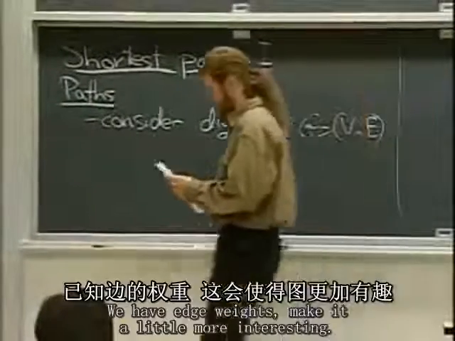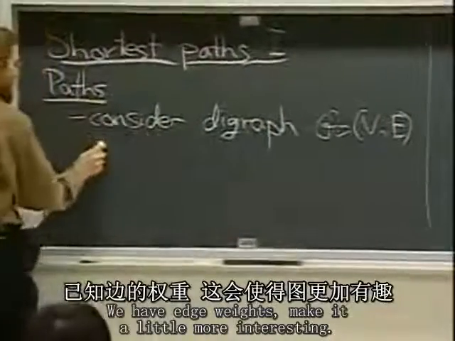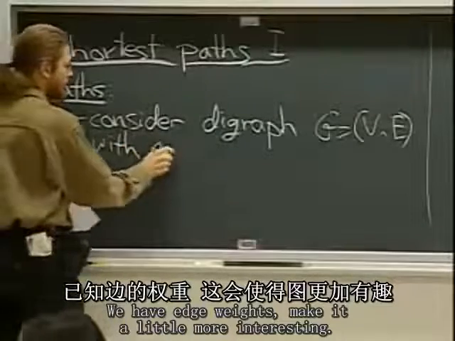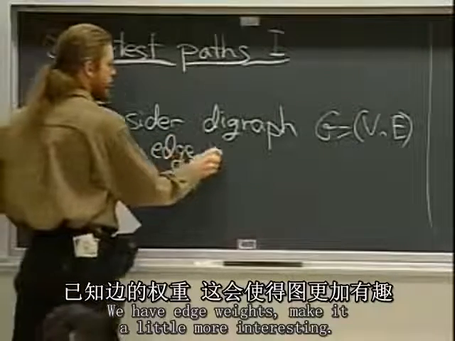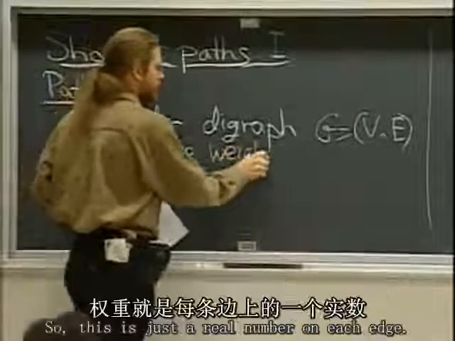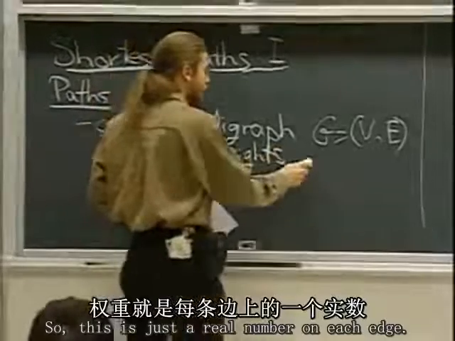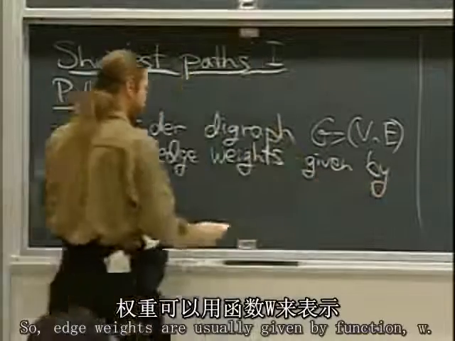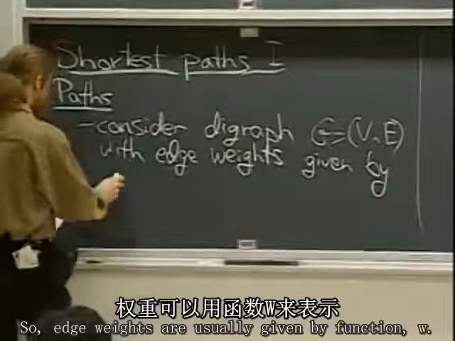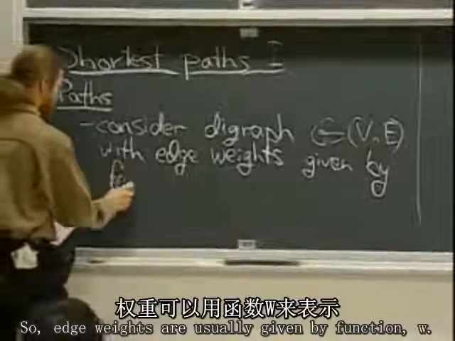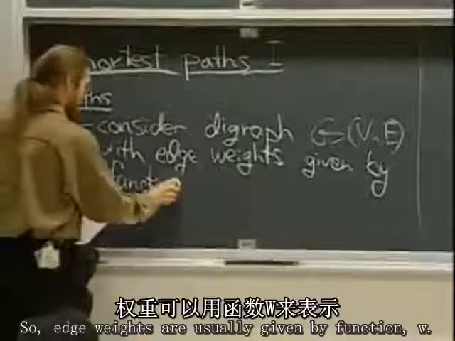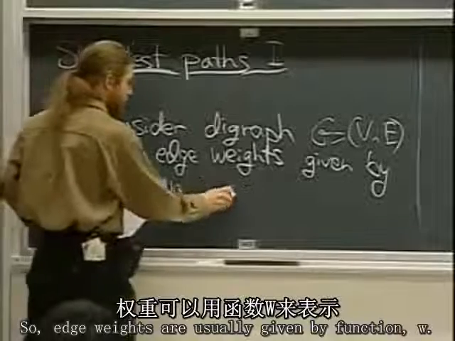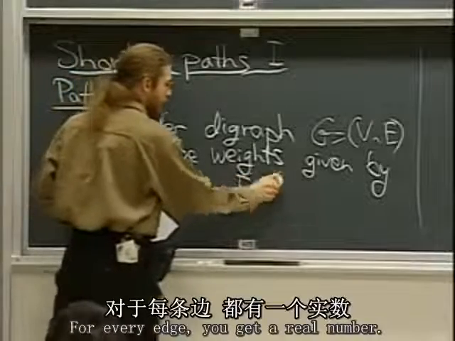We have edge weights, make it a little bit more interesting. So this is just a real number on each edge. So edge weights are usually given by a function W. For every edge, you get a real number.